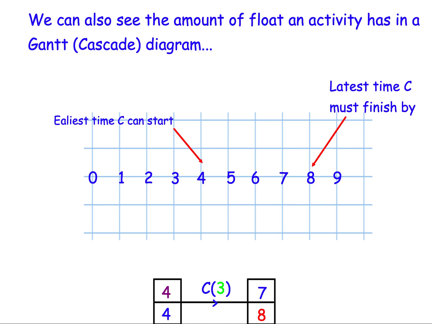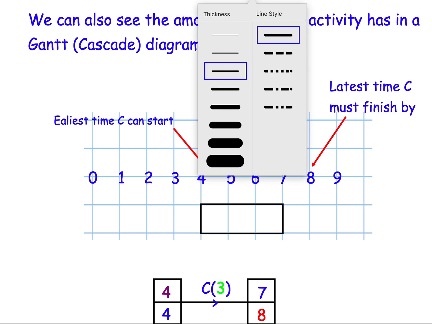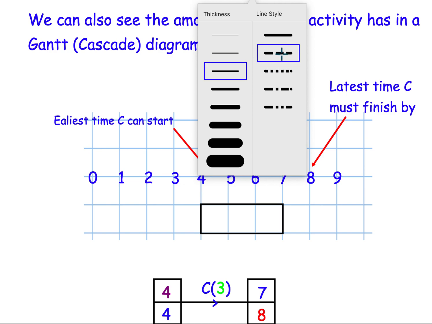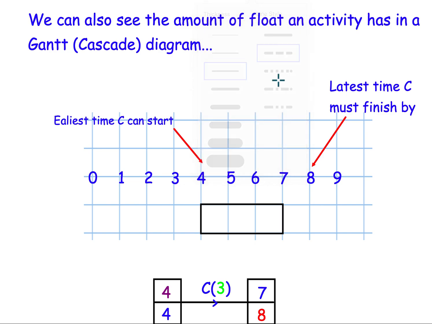So we've done this in the lesson on Monday already, but to show it in a Gantt diagram, what we will do is we will start at the early time, so the 4. We will show the length of time that the activity takes. And then we show in a dashed box any float that's available.